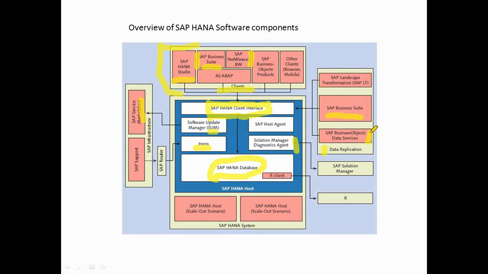You can use Business Objects. If you have some other legacy system and you want to load the data from your legacy system to the HANA database, and you're already using the SAP Business Objects BODS server, then you can use SAP BODS to load and unload the data. The data replication can happen using SAP BODS.